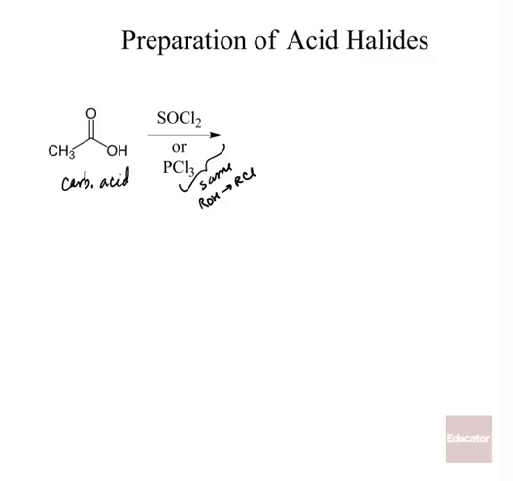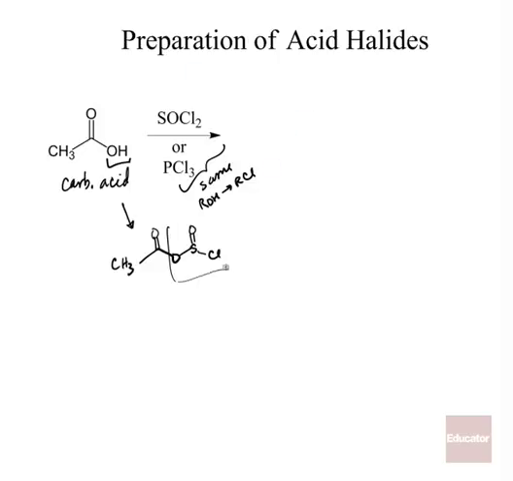What these do is they first react with the hydroxyl group here. Just a quick hint at what's going on; I'm not going to go through the complete mechanism. For example, if you had thionyl chloride, this oxygen can add into the sulfur and kick out the chloride.